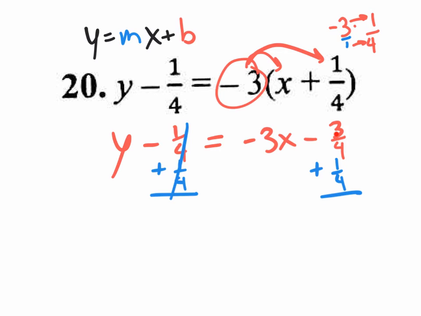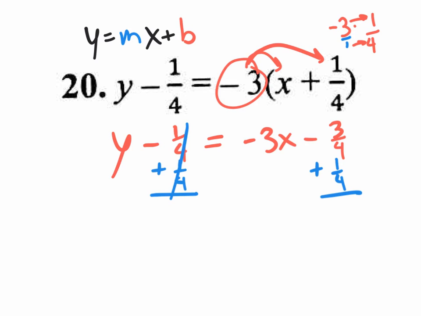So in other words, you owe 3 plus 1. You owe 3, you have 1, you're going to owe 2. And it's going to be over that same denominator, right? Or you could think of it as 3/4 of a dollar, that's 75 cents, plus 1/4, that's 25 cents. It's like if you owe somebody 75 cents and you only have 25 cents, you're still going to owe 50 cents, which is owing 1/2.